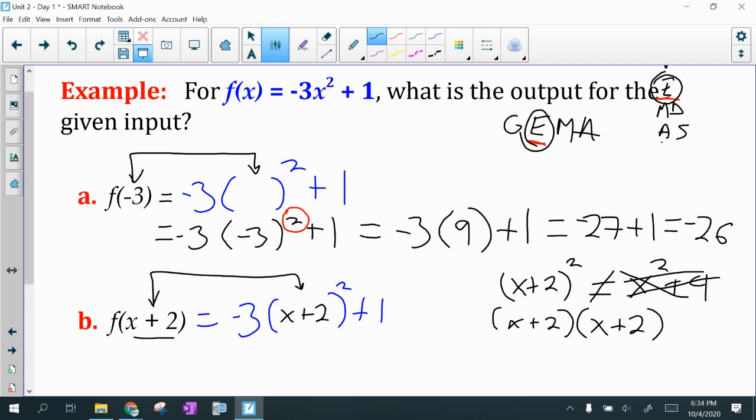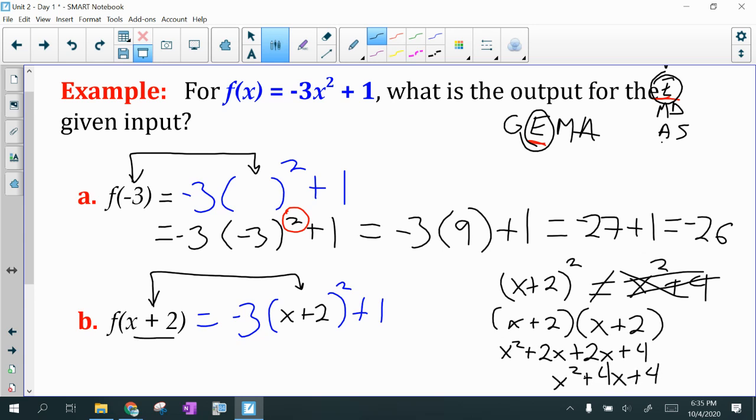And I'm going to emphasize, please be careful. Use the FOIL technique or use the double distributive. I don't care which way your teacher called it. So I'm going to have x times x is x squared, plus 2x plus 2x, plus 2 times 2, which is 4, which is now going to get me x squared plus 4x plus 4.